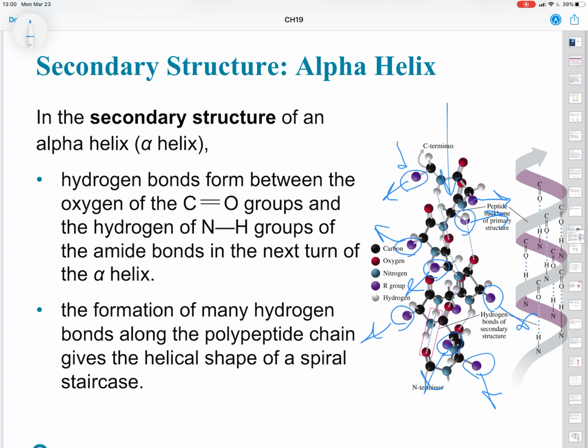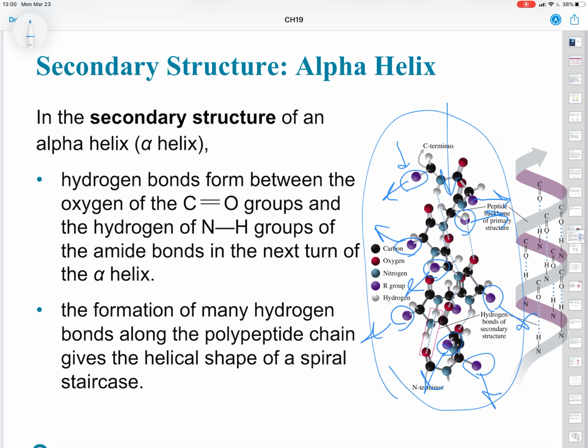Now, if these R groups end up being a lot of your non-polar amino acids, then this whole thing is probably on the inside of the protein anyways. But they're all there for a particular reason, to make the protein fold, as you'll see later on in tertiary structure, in a very particular way.